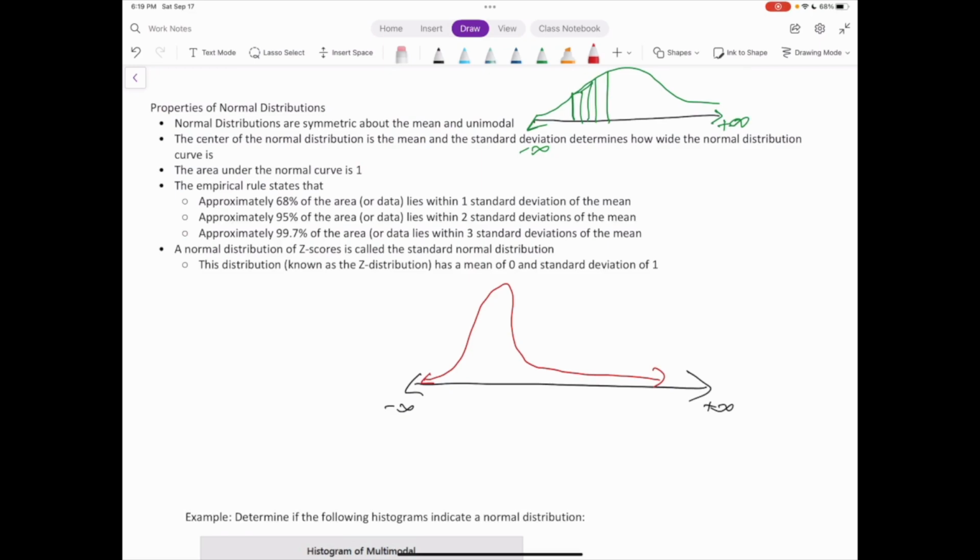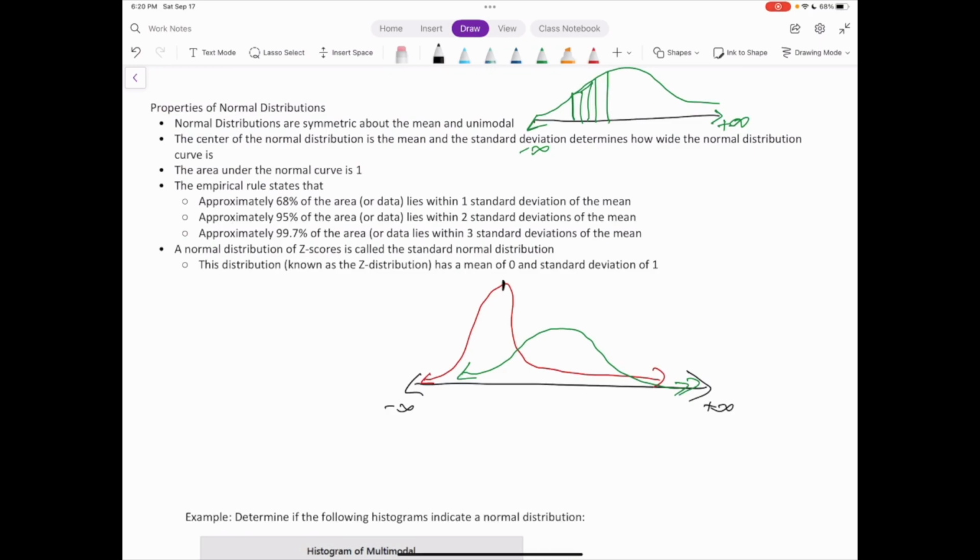So let's say that's one, and then let's say we have another normal curve. Actually, let me draw that a little better. Let's say we have another normal curve that does something like this. Okay? All right, so what we have here in the red and the green are two separate normal curves. Well, how do we know the difference between them? Well, the center of the distribution, just go to the peak.